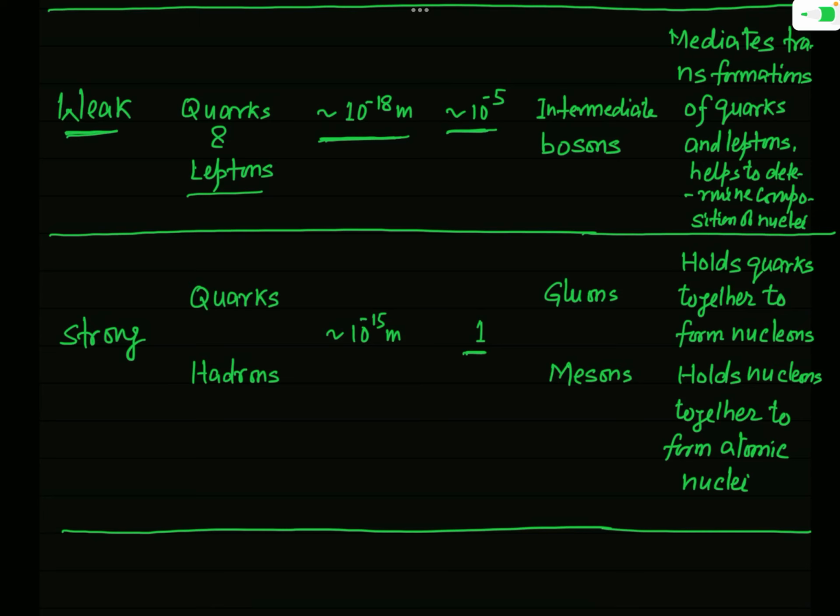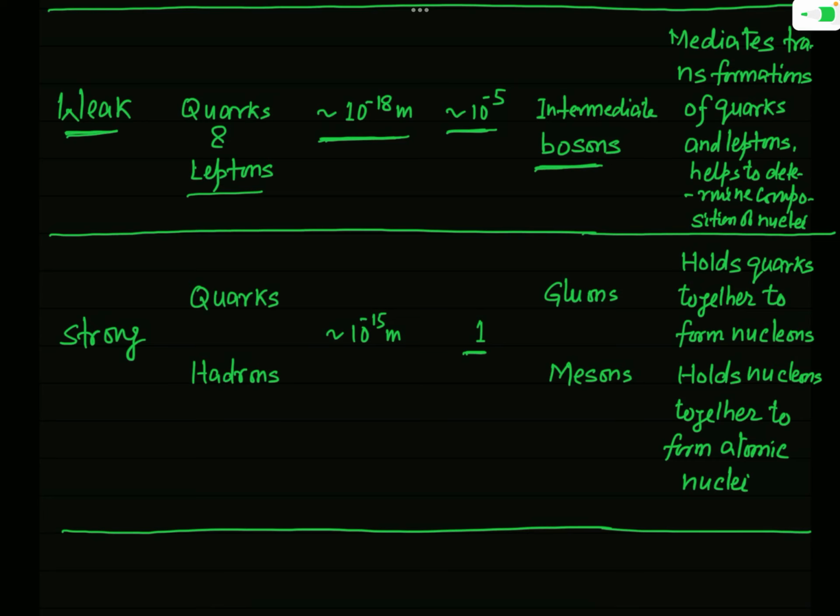Okay. Now, when weak interaction takes place, what is the mediating particle? What is the particle or quanta which actually mediates this weak interaction? Actually, the intermediate bosons, you have seen, W plus, W minus, and Z0 are the intermediate bosons which mediate weak interaction.